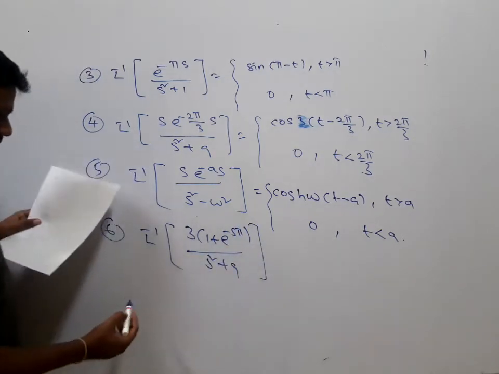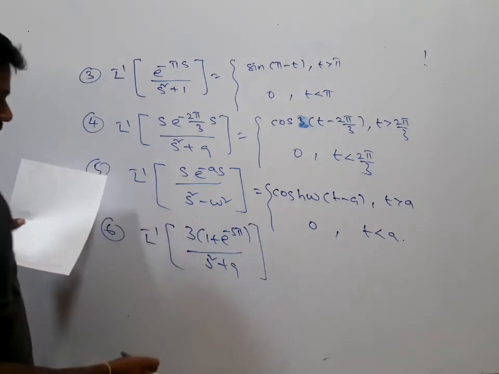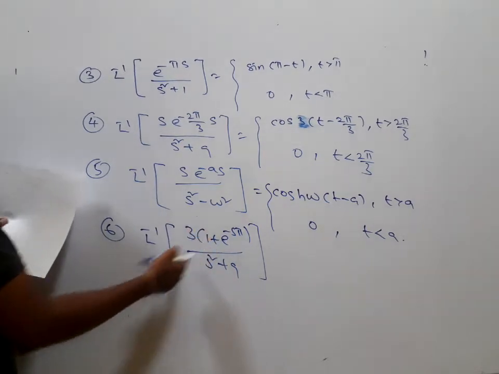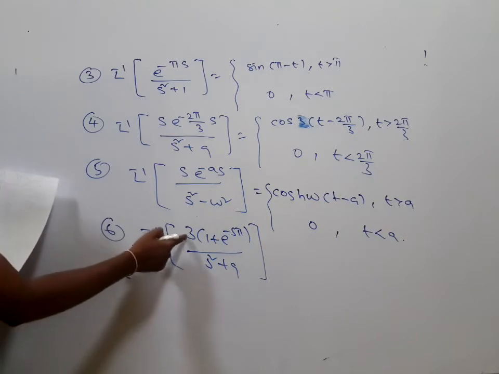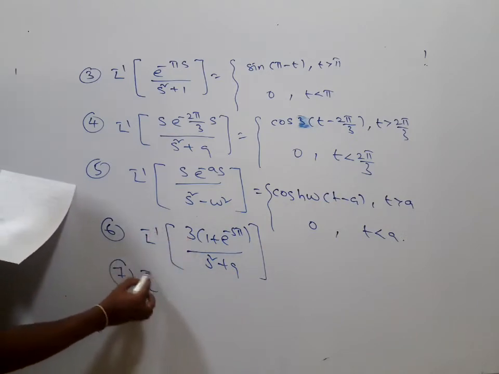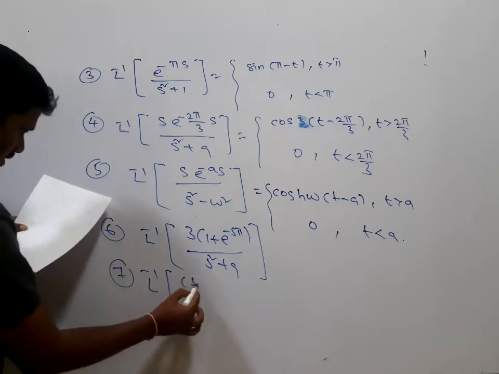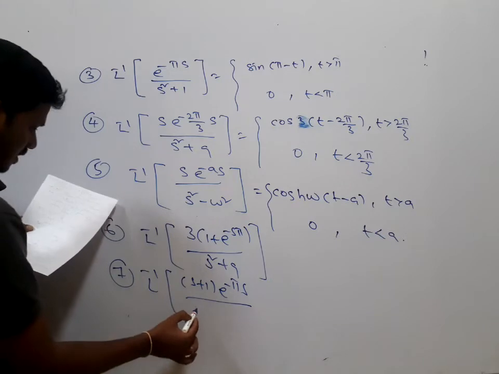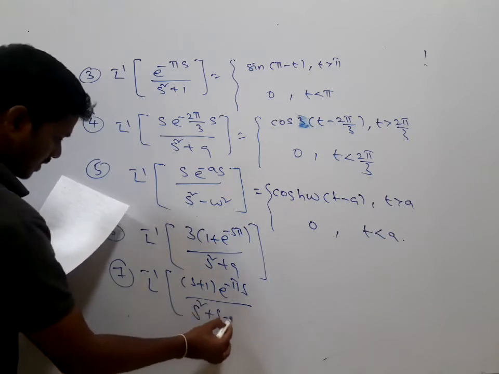Separate it. Here it is 3 divided by s square plus 9, that is different. Or if you separate the terms, you will get two terms here. L inverse of (s plus 1) e to the power of minus pi s divided by s square plus s plus 1.